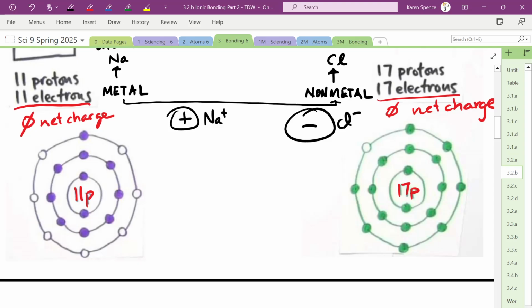What's going to happen? Yeah, sodium's purple electron is going to come over here and slide right on in to the chlorine.